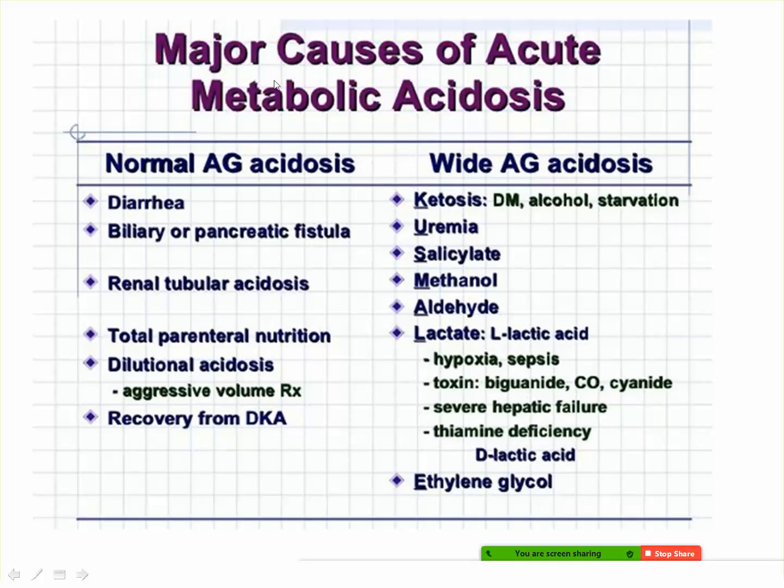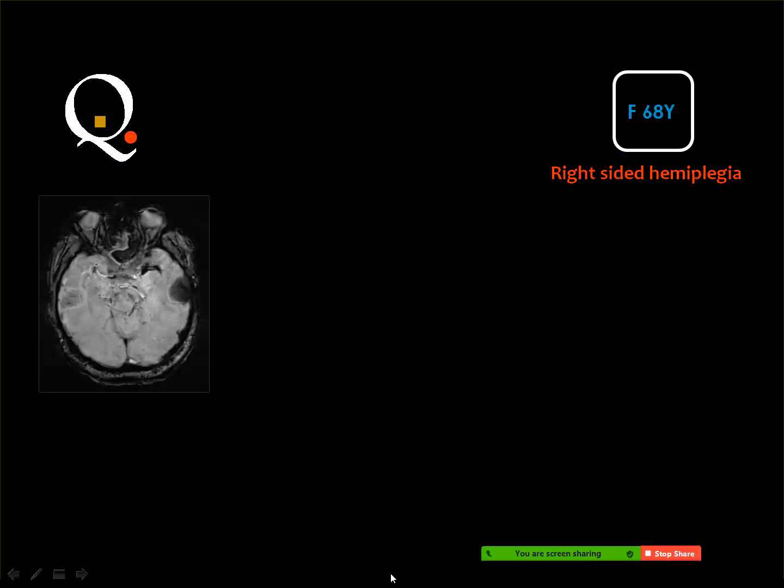This is a summary of the most common causes of metabolic acidosis, like diarrhea, biliary or pancreatic fistula, renal tubular acidosis, total parenteral nutrition, dilution acidosis, and recovery from diabetic ketoacidosis, and many other causes. You may remember this until I prepare the full lecture and upload it on my website.